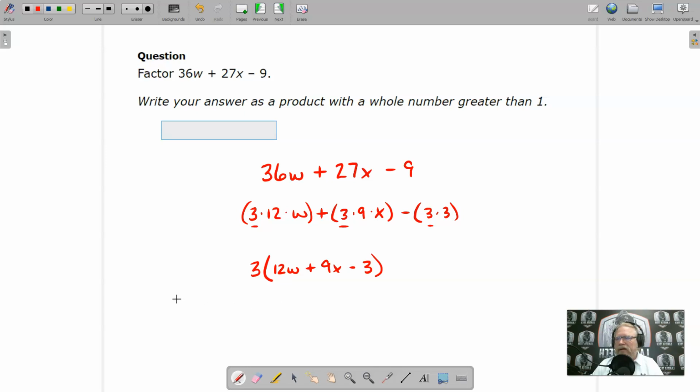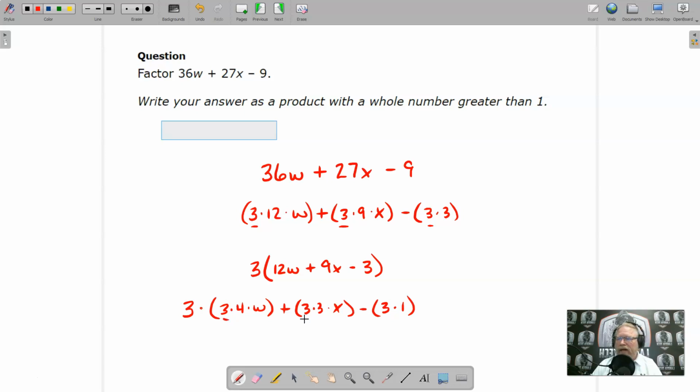So let's have this as 3 times, because that's multiplying there. 12 is going to be 3 times 4 times w, plus the 9 is going to be 3 times 3 times x, and minus, and then the 3 here, and I have to have something left over, so I'll put 3 times 1, right? Because I have to have something left over, I can't just leave that as empty. I can't make it a 0. That would make it totally different.